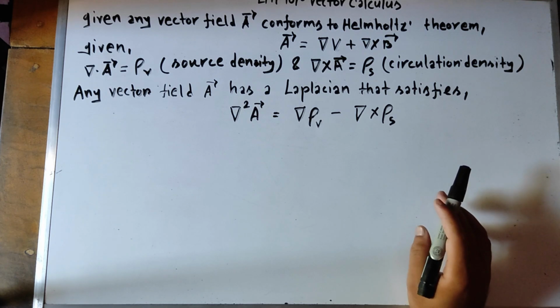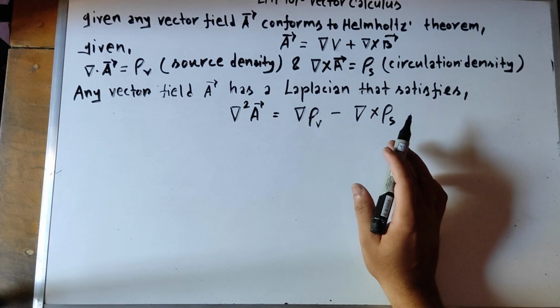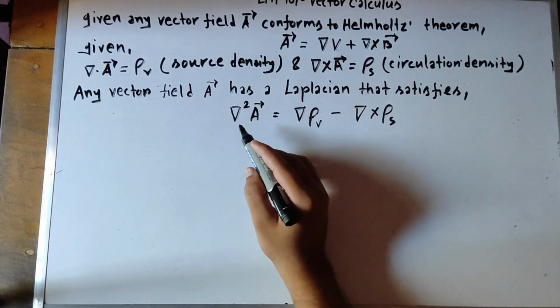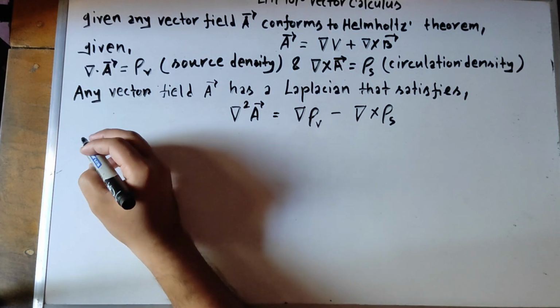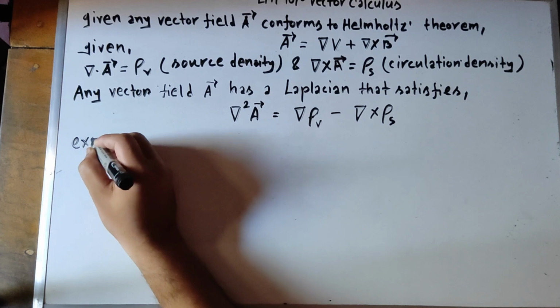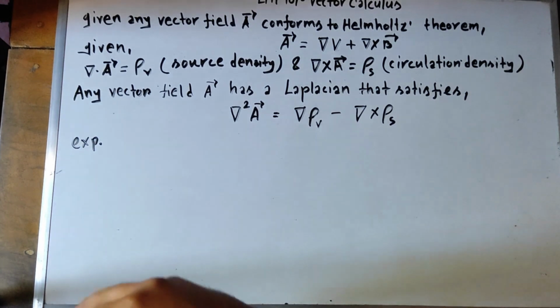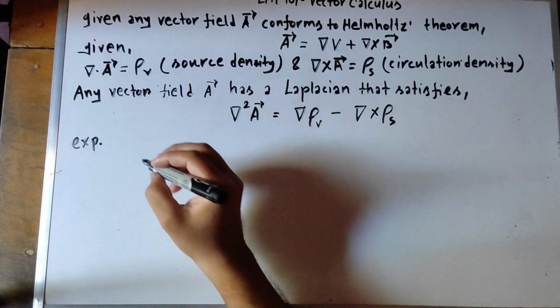If we take an example, this can also be called Poisson's equation. Taking this Laplace relation in terms of electromagnetic fields, there are various examples, like for scalar potential.